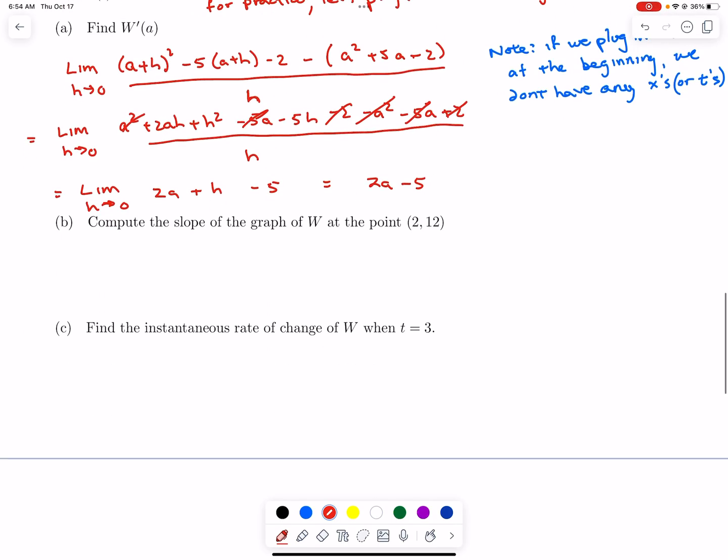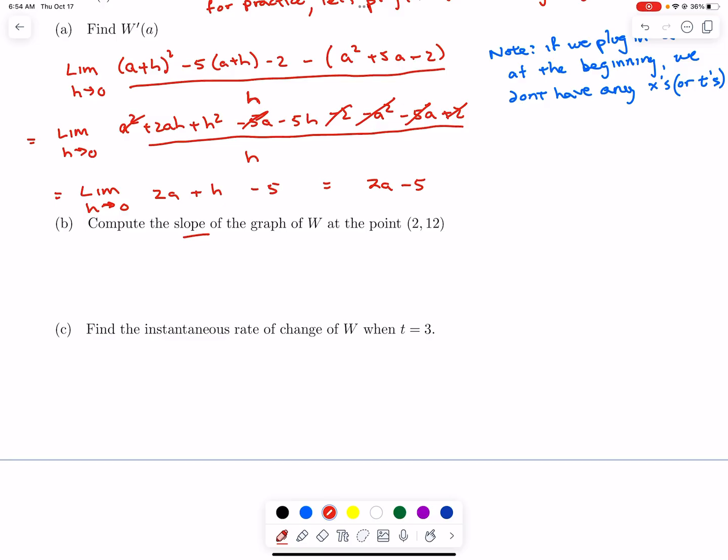Now I can plug in numbers, if I want to find the slope, the derivative at a single point.